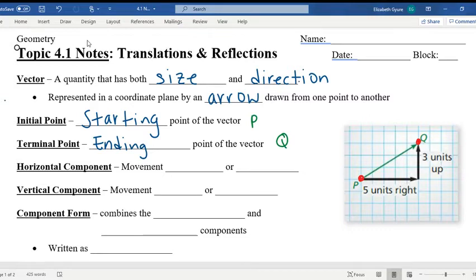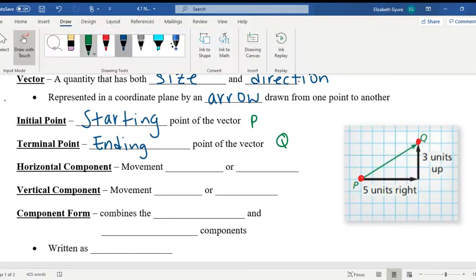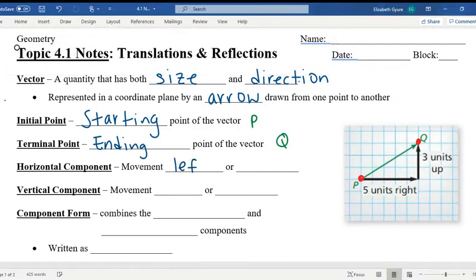When we move things in a coordinate plane, you can really only move things up, down, left, and right. So you might have a horizontal component, a left-right movement, and a vertical component, an up-down movement. The horizontal component is the movement left or right, which in this case was what?